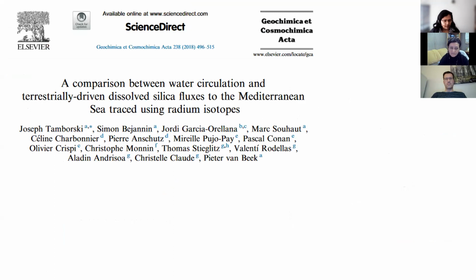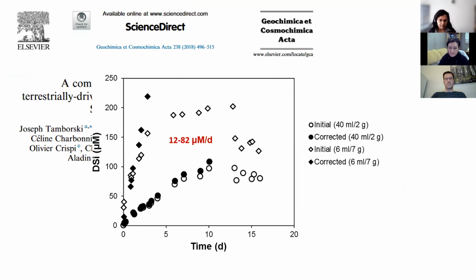These types of static and flow through experiments have been recreated in other locations and with other types of endmember lithologies or sands. This is one from the Mediterranean Sea. And again, you also see this initial sharp increase in this incubation of this beach sand at different water to rock ratios or surface area ratios.